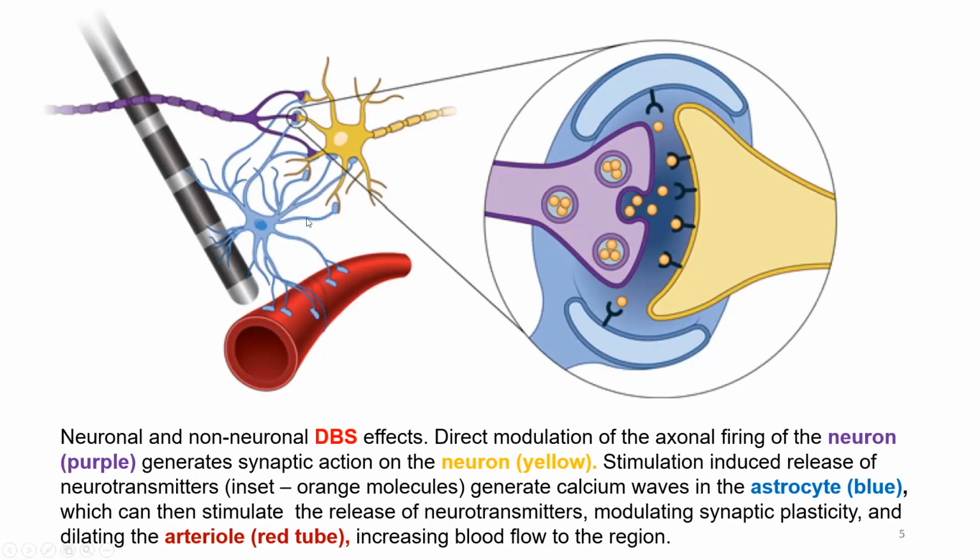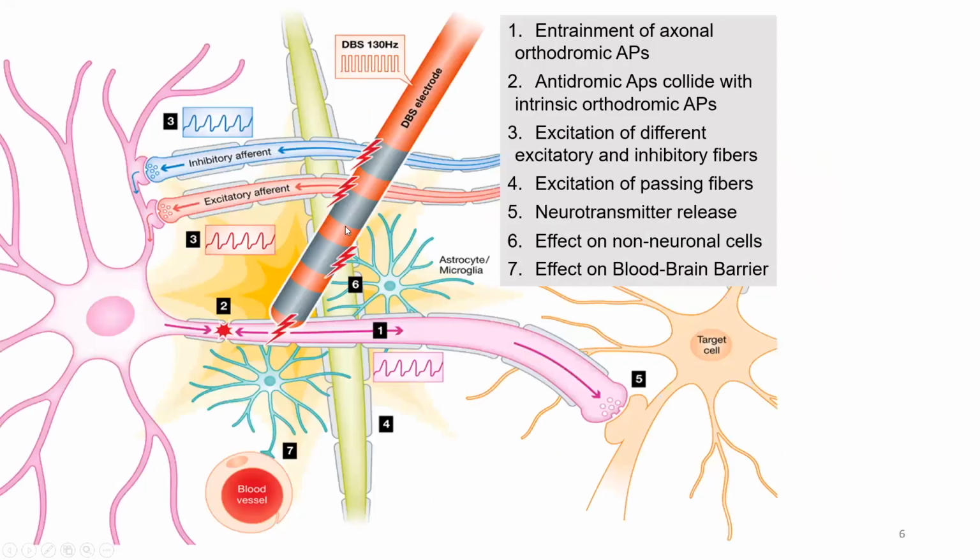It's a complicated story, and still now there is a lot of serious research about the mechanism of deep brain stimulation, how it stimulates inhibitory and excitatory afferents, what exactly happens with the blood-brain barrier, and how electrical stimulation can activate microglia and change some local immunity reaction.